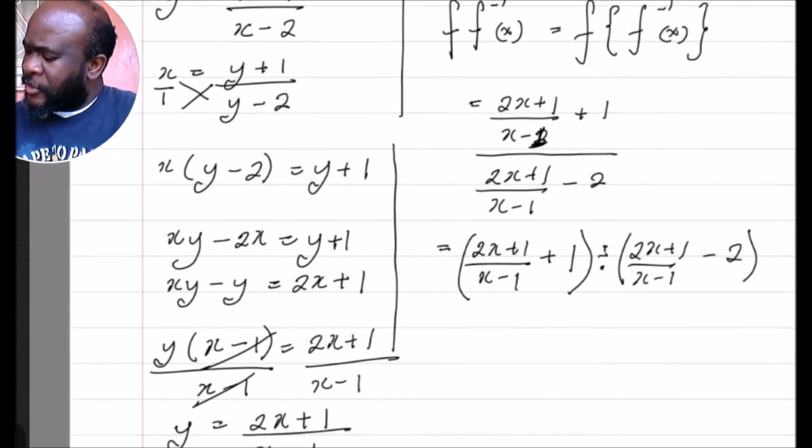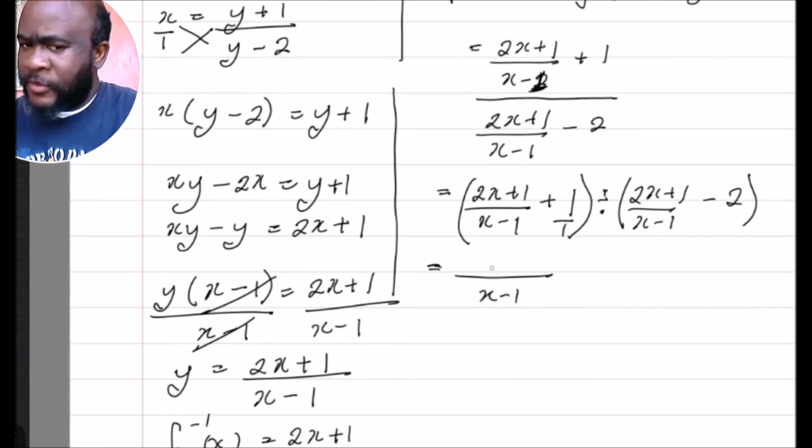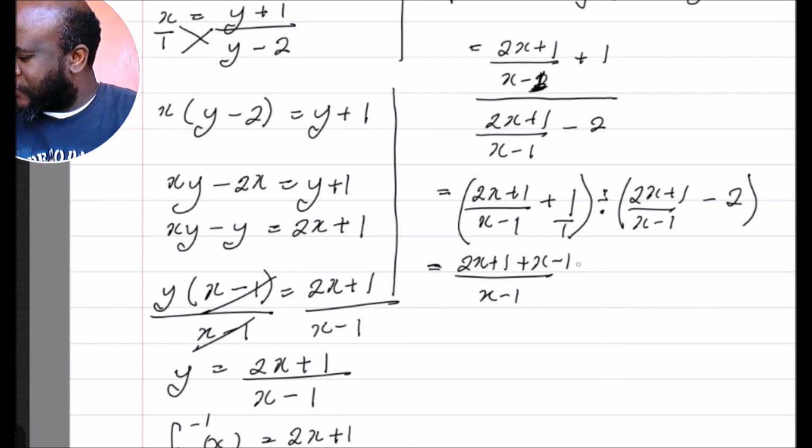Alright. Numerator, x minus 1 is the LCM. x minus 1 into x minus 1 is 1, so we're going to end up with 2x plus 1 plus 1 into x minus 1 is x minus 1 times 1 is x minus 1.